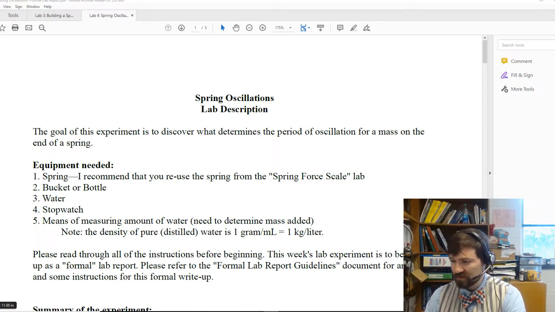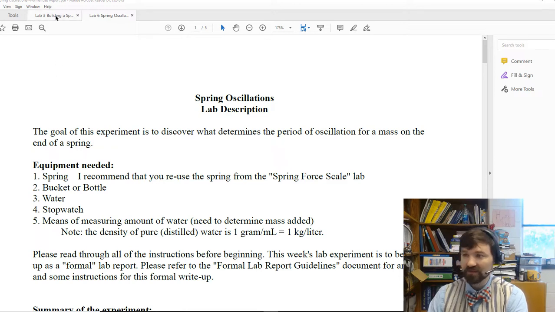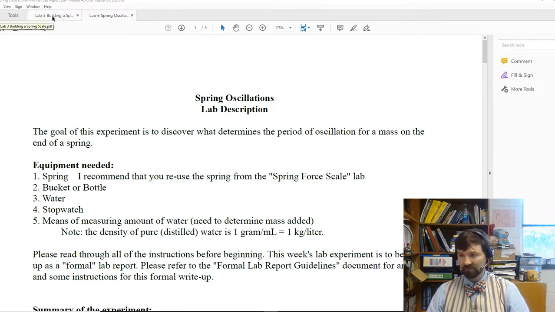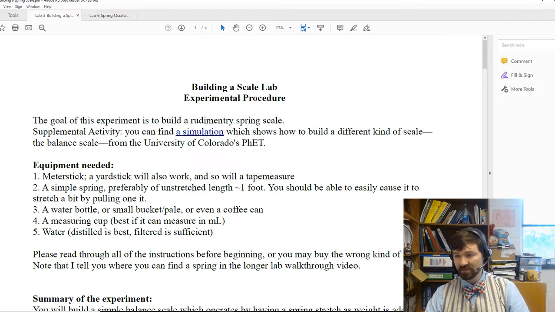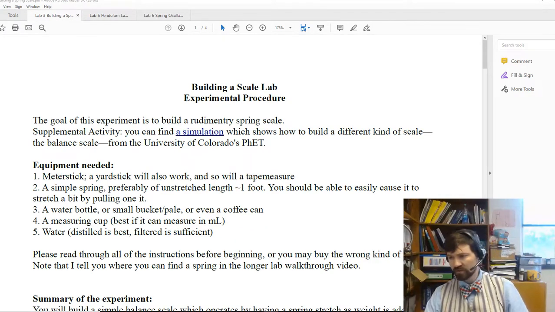The Spring Oscillations lab is a follow-up to two of the other labs that you've already done this semester. First of all, you have your lab building a spring scale, which you did during the third week of the term.